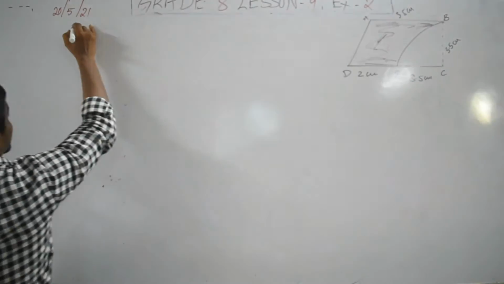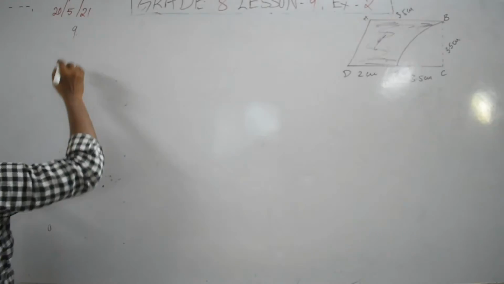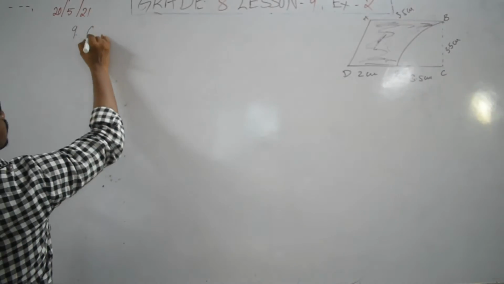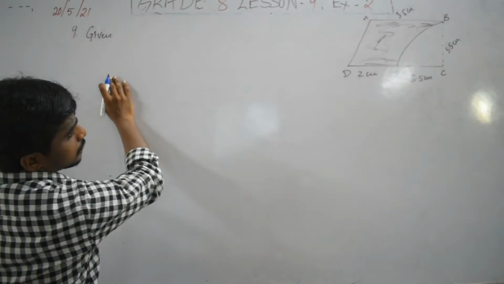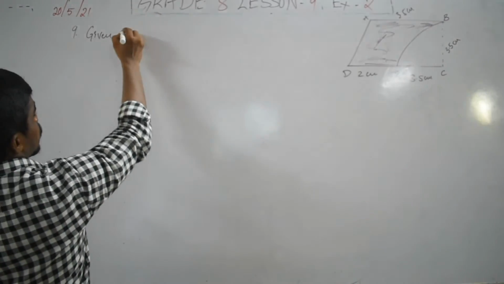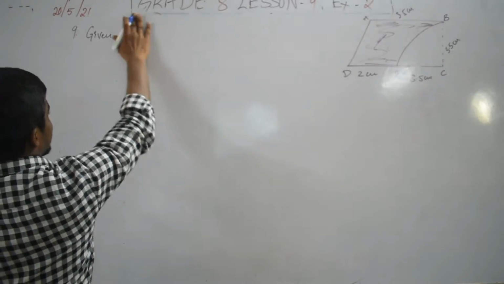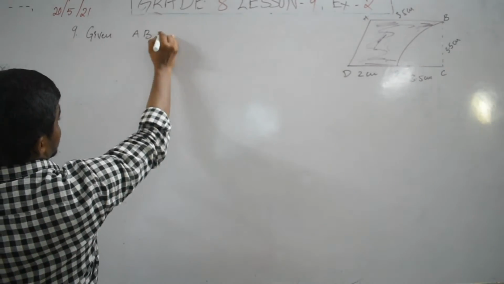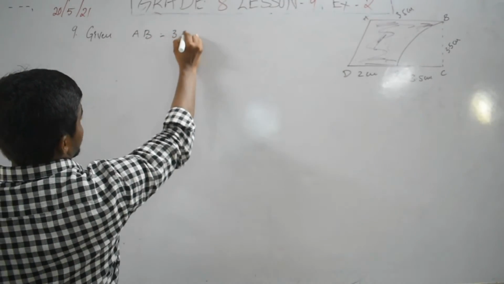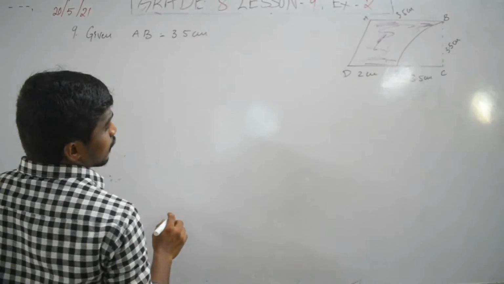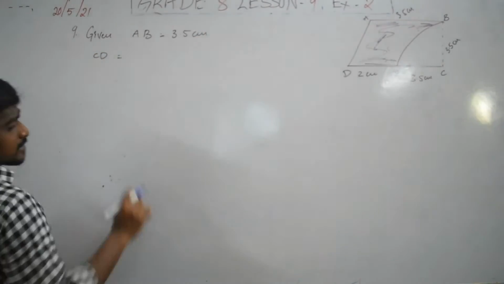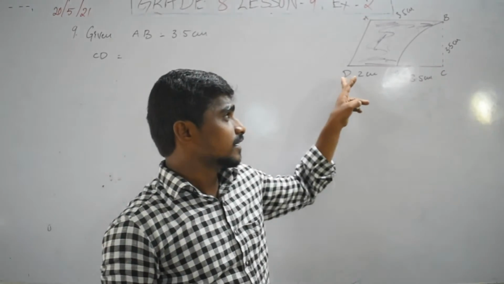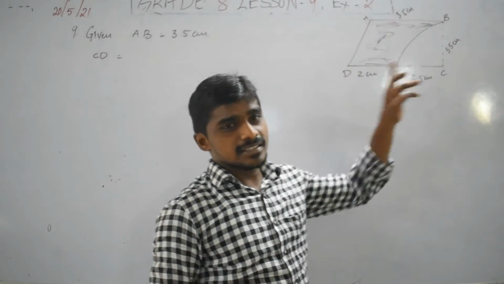So now, the ninth one. Given AB length is 3.5 centimeters. Now CD length. How do we say CD length? DE plus EC.